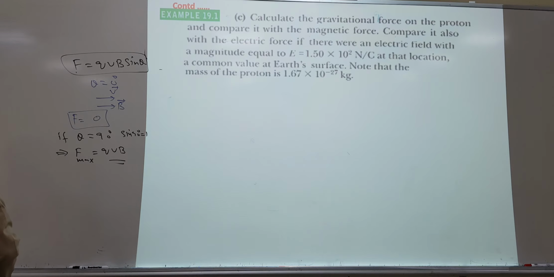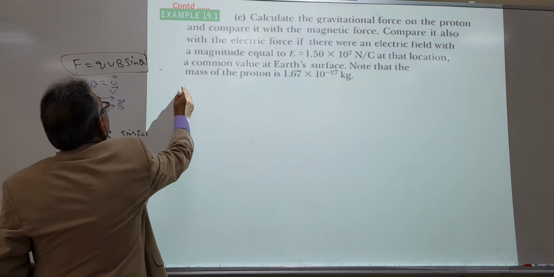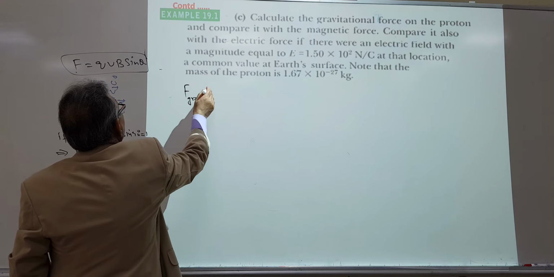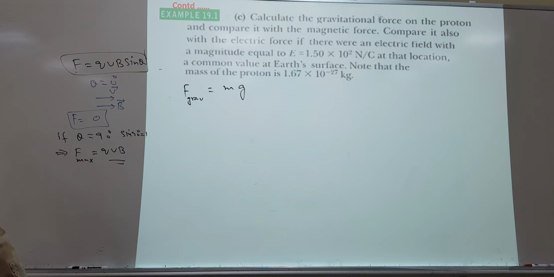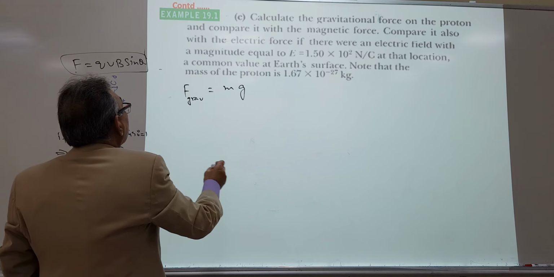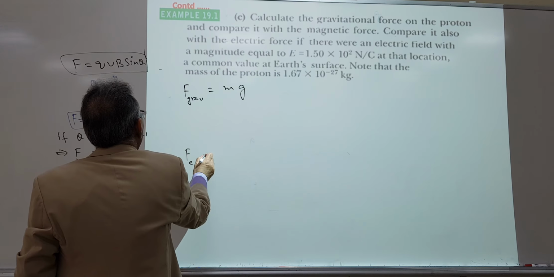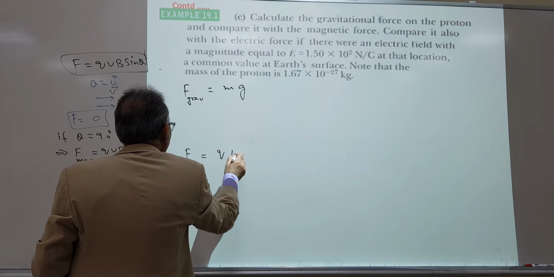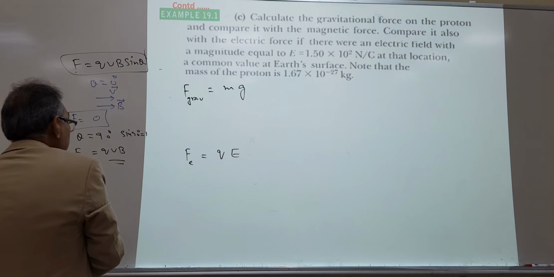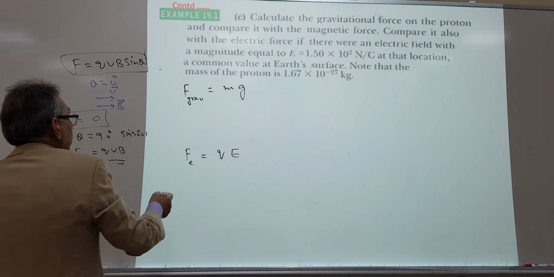The part says calculate the gravitational force, which is given by the mass of the charged particle multiplied with the acceleration due to gravity, and the electric force. Electric force is given by Q multiplied by E. We have done this in chapter number 15.